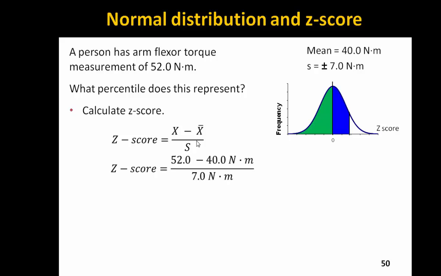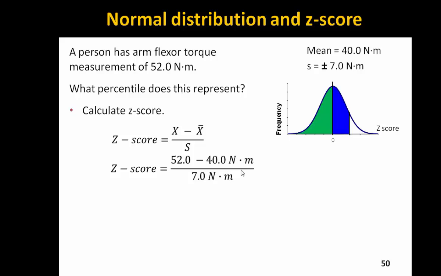So we simply substitute those values, and we have 52 subtract 40 Newton meters. 52 also carries the units of Newton meters, and we divide that by 7 Newton meters. As a fraction, the units Newton meter and Newton meter cancel out, so we end up with a z-score that does not have units.